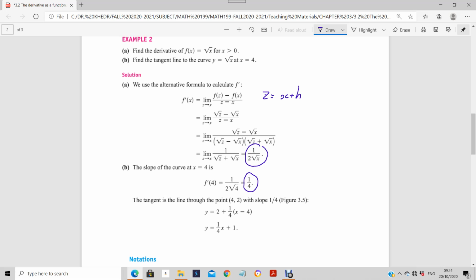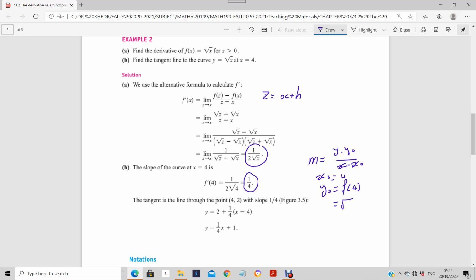So if you want to find the equation of the tangent line at x equals 4, then you can use the formula, which is the slope equals y minus y0 over x minus x0. Now x0 is equivalent to 4. How about y0? y0 is f of 4, meaning the value of the function at x equals 4, which you can find by substituting in the function.